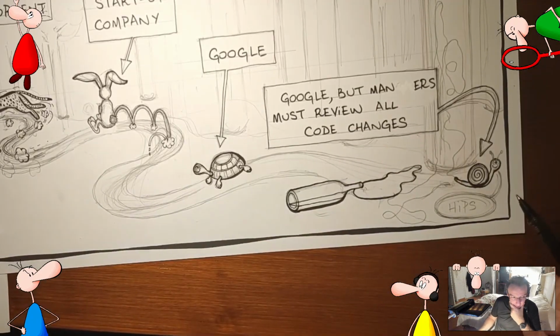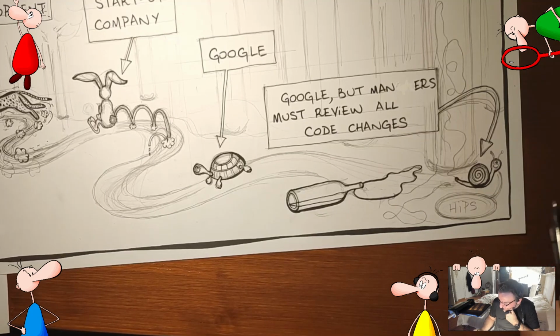I wonder if the speech bubble that says hips is a bit too much out of the way. It's not really crucial, but it's right in the corner.